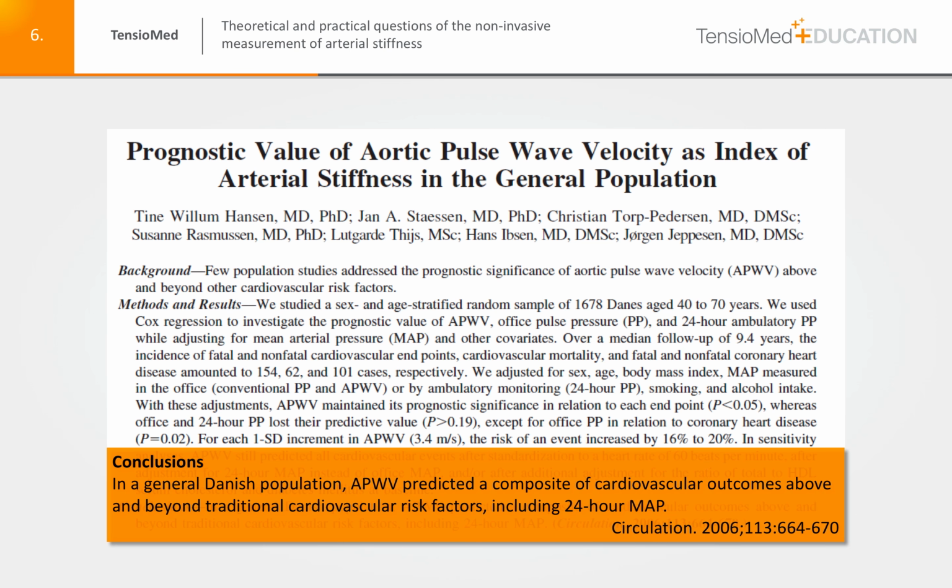The importance of this paper is that this strong prognostic value between the aortic pulse velocity and the adverse cardiac outcome was proven in the general population.